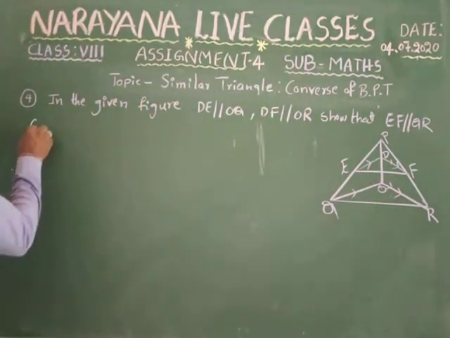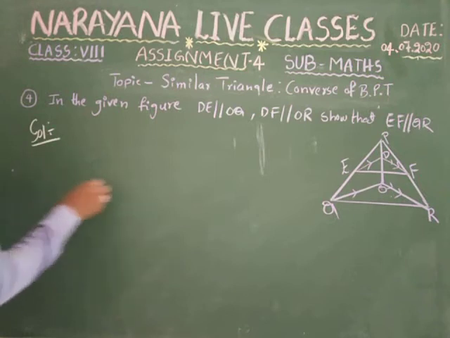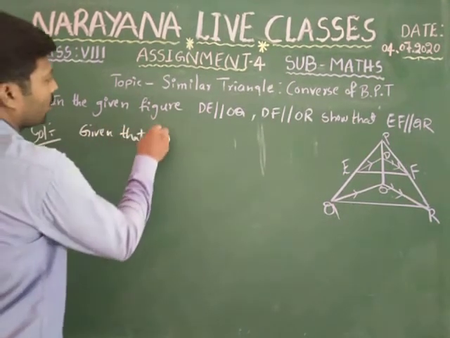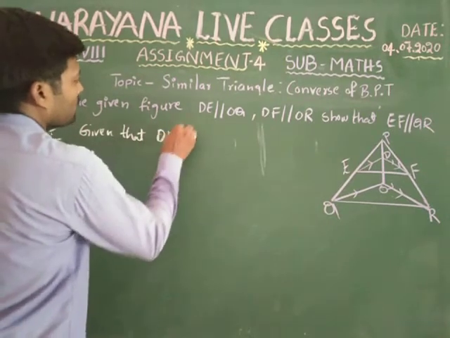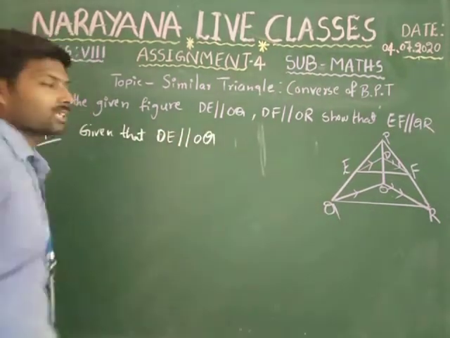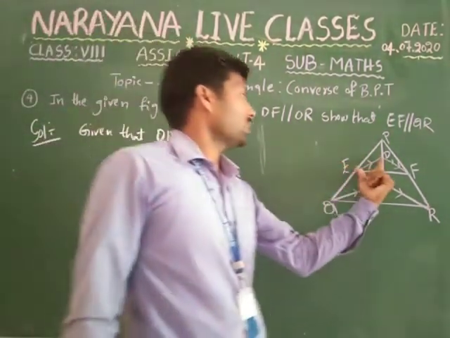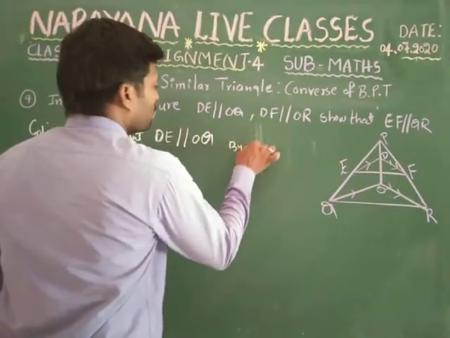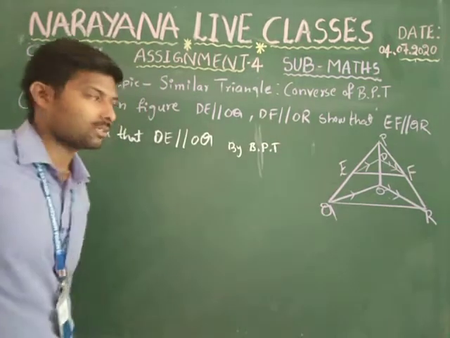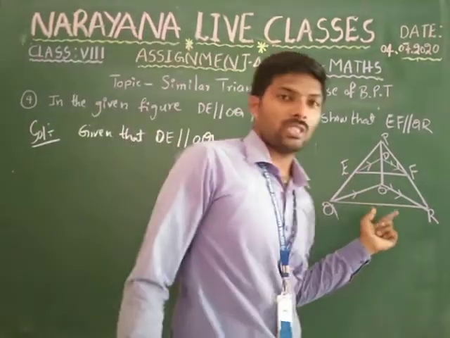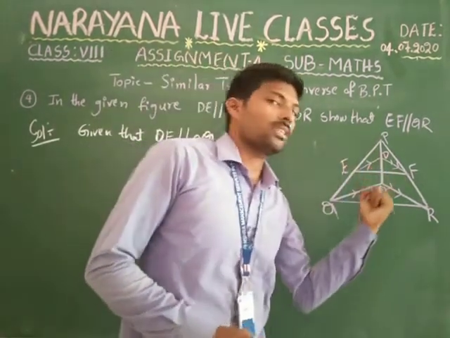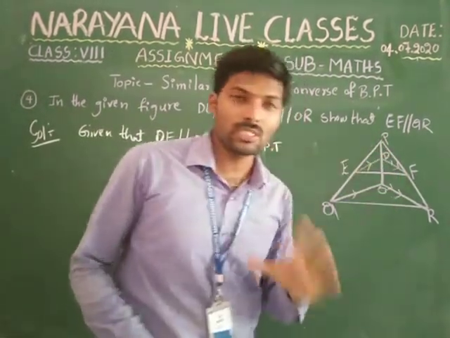Given that DE is parallel to OQ. By BPT, the basic proportionality theorem, if a line is parallel to the third side of a triangle, then it divides the remaining two sides in the same ratio.